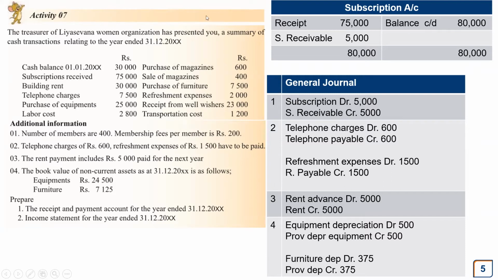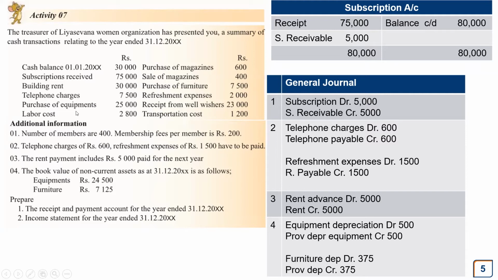Since this is asking only for the income statement and the receipts and payments account, you can add these values at least in front of the transaction so you won't miss it, right? But I would instruct you to have the entry as well, because it shows that you are a child who knows how to do accounts, right?